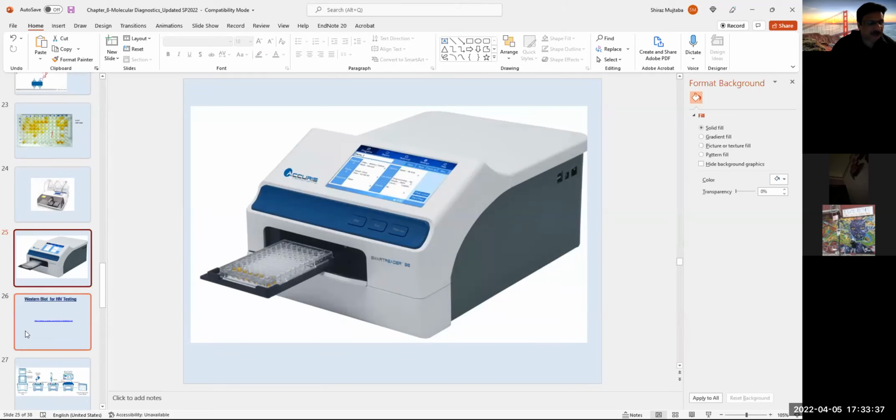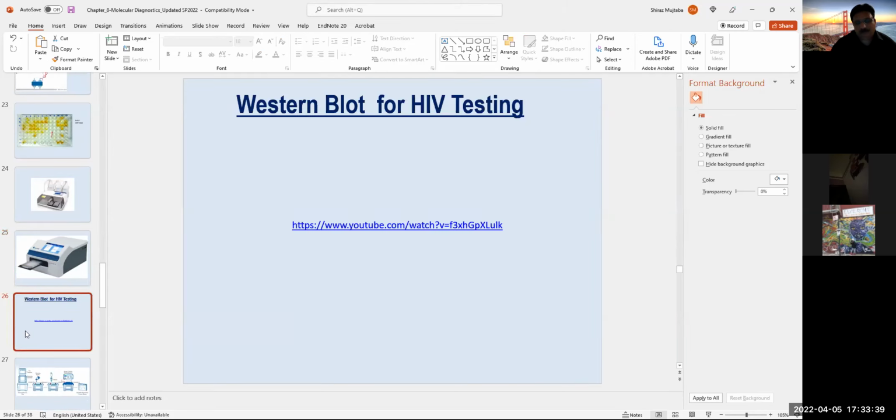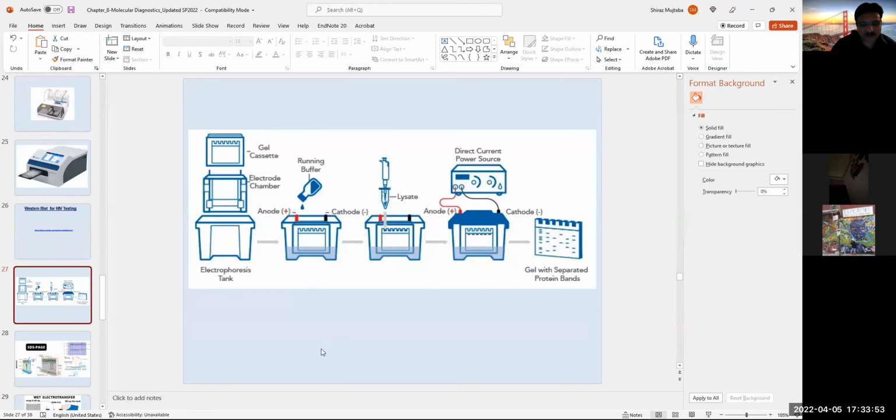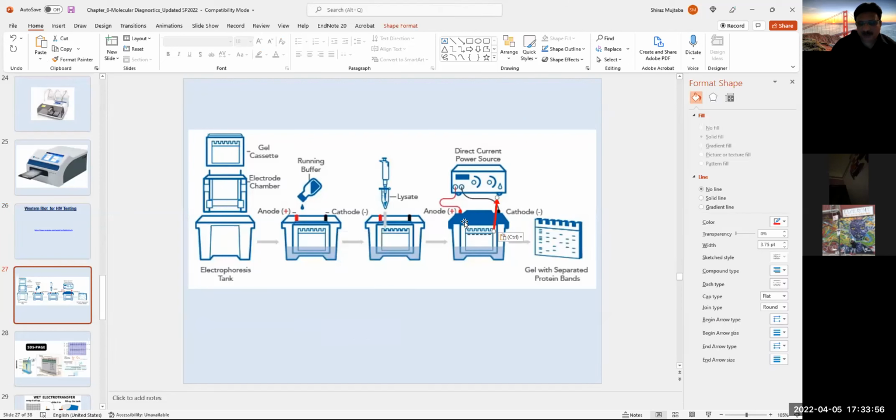Now, another technique that is used for molecular diagnosis is Western blot. Western blot is a technique where you use two different things. Number one is SDS-PAGE, polyacrylamide gel electrophoresis. This is different than agarose gel.